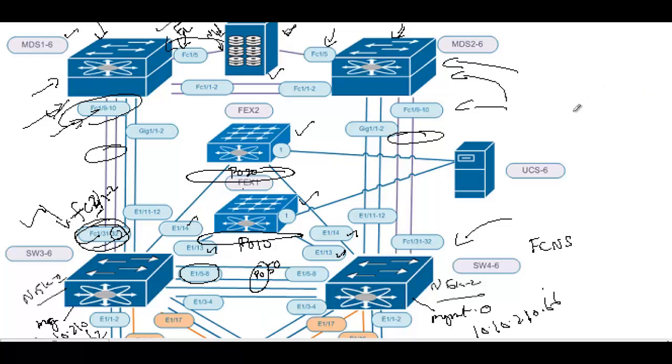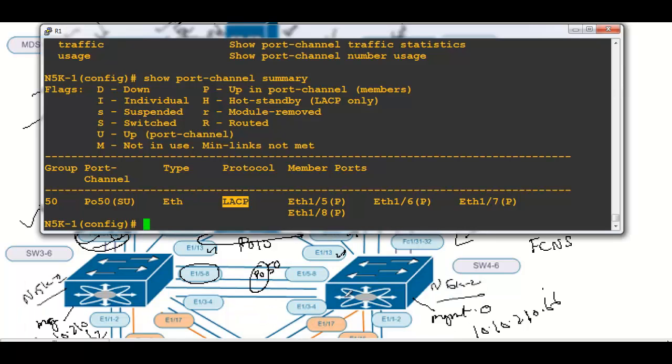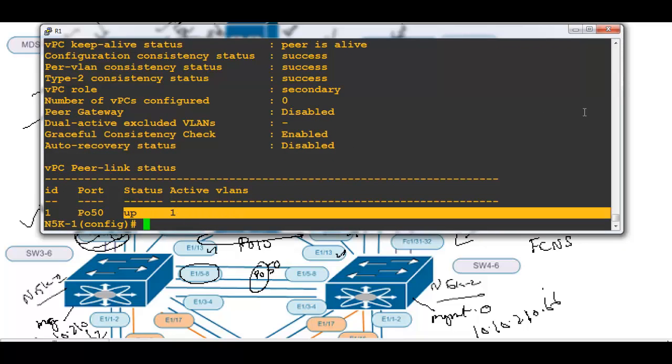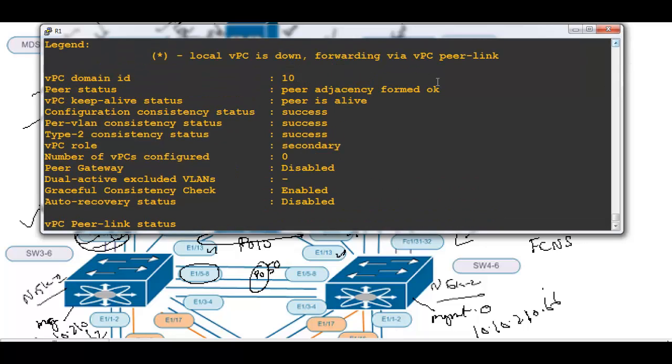So what we did is put the peer link. Let's verify whether the peer link has come up and keep alive is working. Show vpc. We can see here 50 is up. Peer link status is okay.